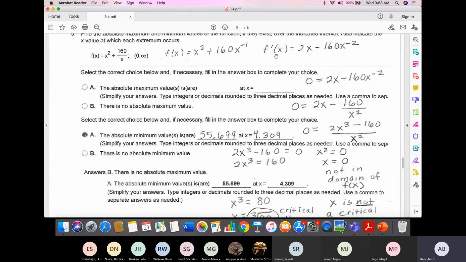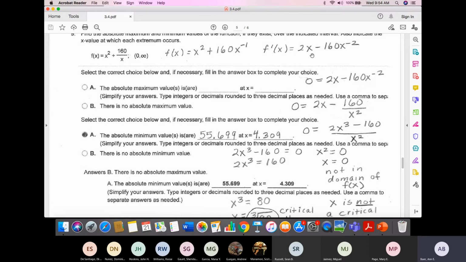So let's start by making this first derivative equal to 0. I say that because there is going to be a place in this problem where we're going to need to look at where the first derivative is undefined. So I take out the first derivative notation and put in 0.